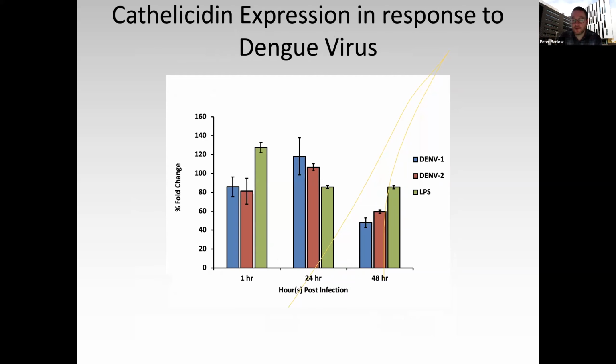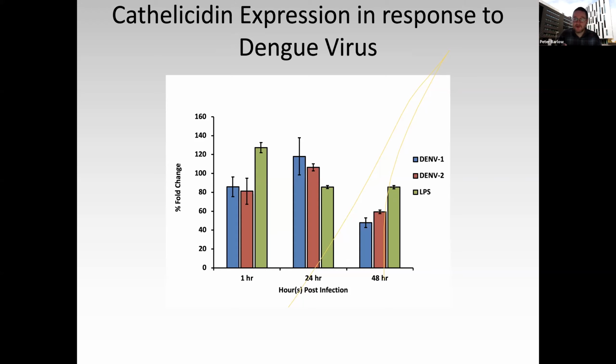This is some of the recent work that we've done, looking at whether host defense peptides are produced in response to dengue virus infection. So we took blood cells from healthy donors, and we exposed those blood cells to 2 strains of dengue and measured the expression of cathelicidins. And interestingly, what we're starting to see is that cathelicidin expression appears to be decreased in response to dengue virus infection at later times.